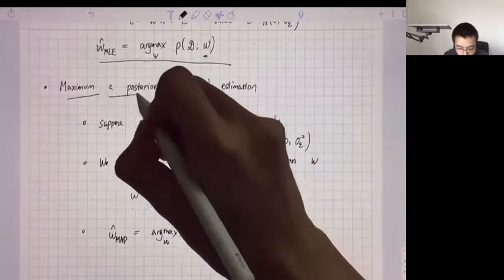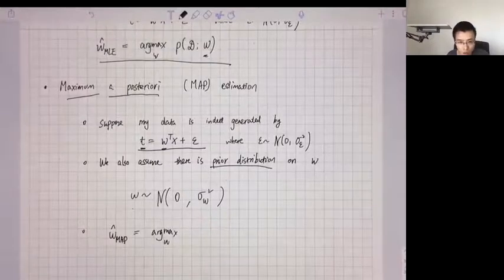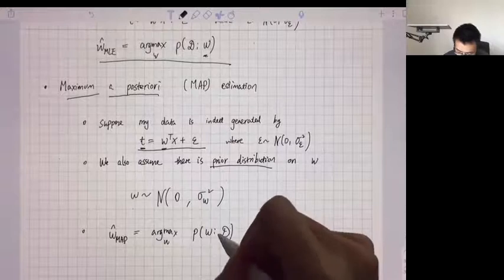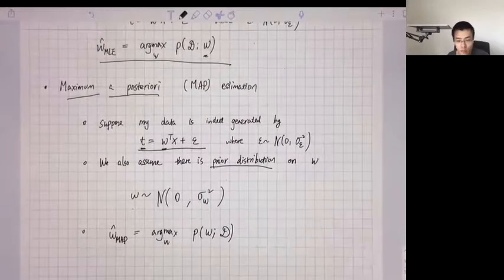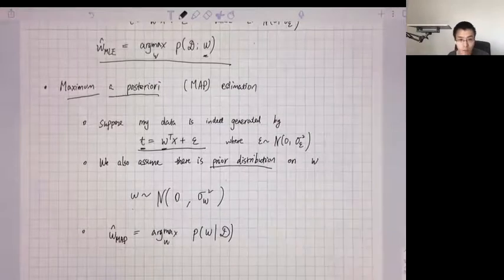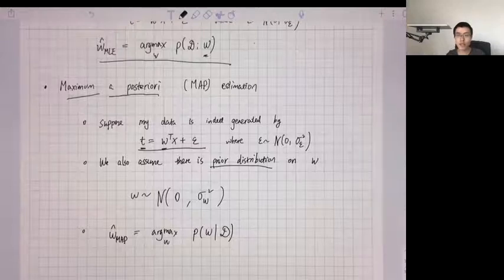So it's a posteriori, which means the posterior distribution of my W. Does it make sense? Now I model W as a random variable and it has some prior. And suppose I can compute the posterior. Then I say, given this data set, what is the most likely W that I can have? And then I choose that W.